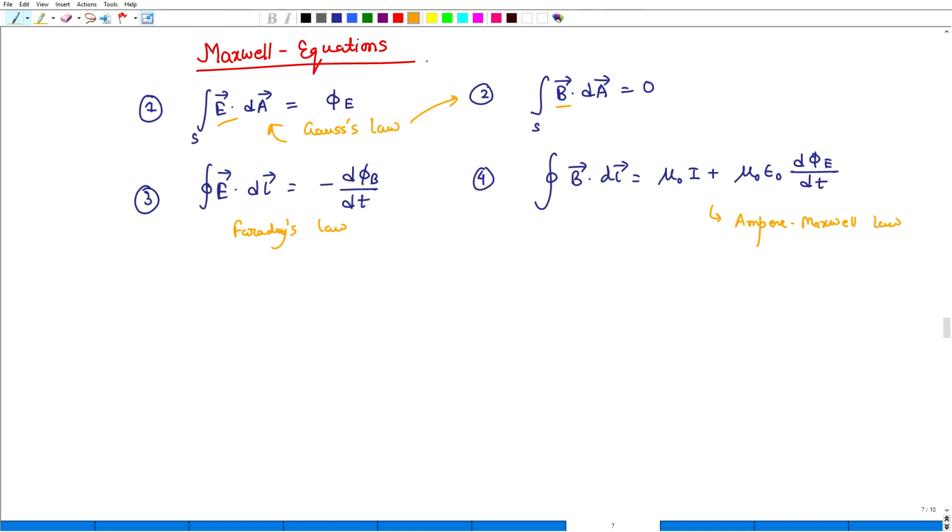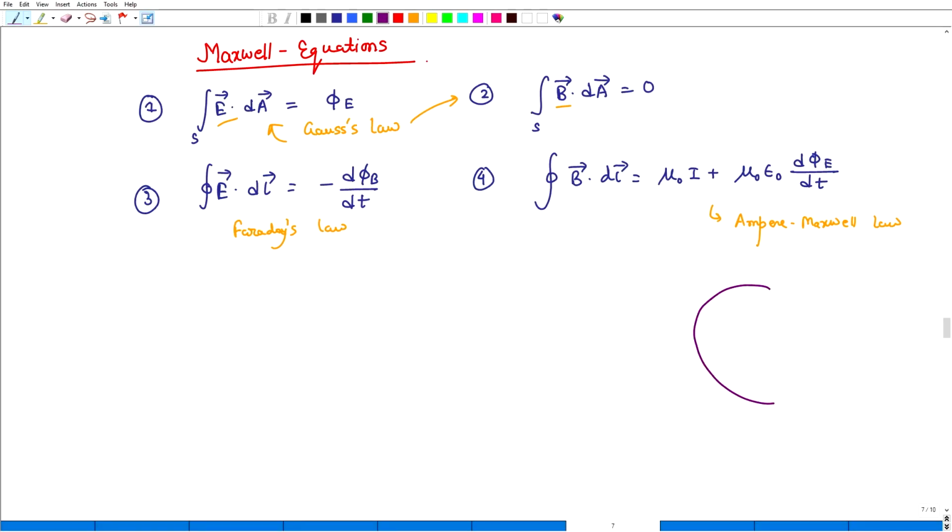The first one says that if there is an electric field, the surface integral of that electric field gives the electric flux. Let us say we consider a sphere with a point charge q at the center, and the electric field is present like this. Let me take any surface area, and this is the dA, with angle theta.